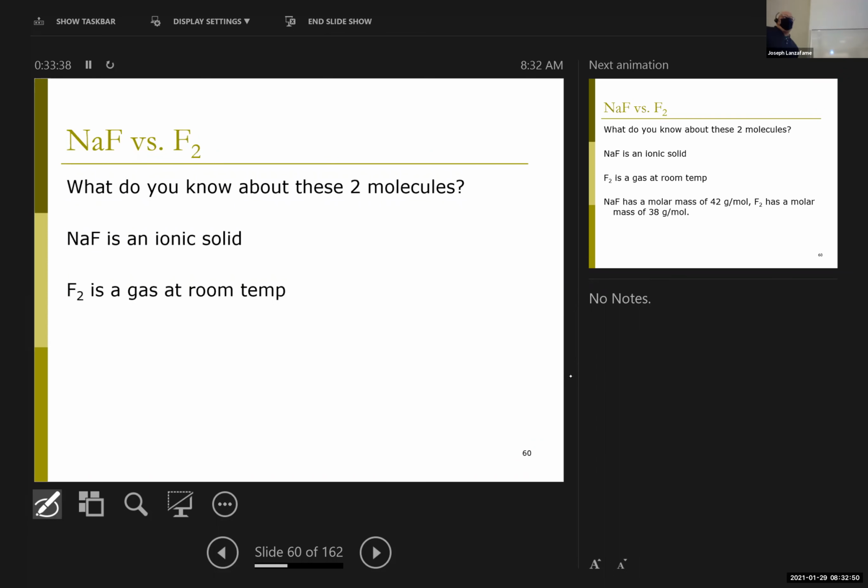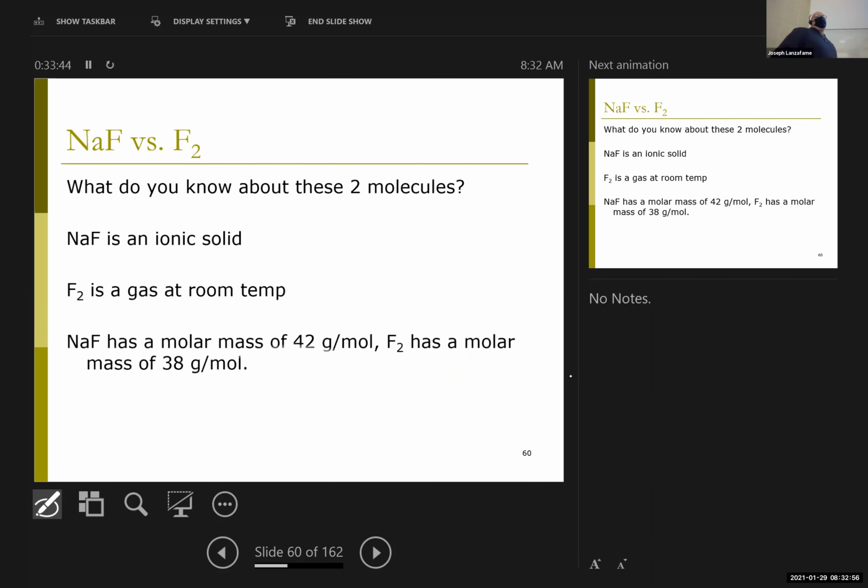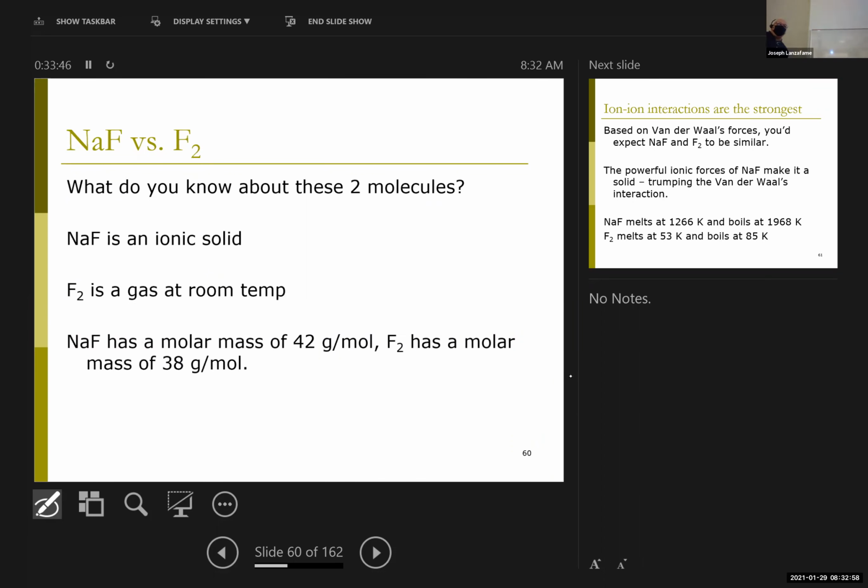Fluorine is actually a gas at room temperature. They're actually similar in size. In fact, the molar mass is very similar, 42 and 38. They're in the same row in the periodic table. Fluorine is a little bit smaller than sodium, but not a lot. And so those molecules are very, very similar in size.